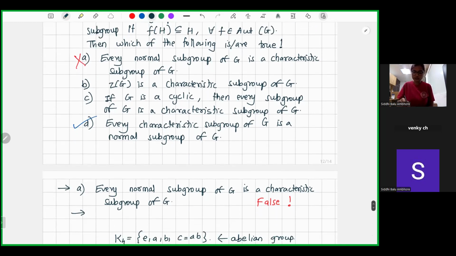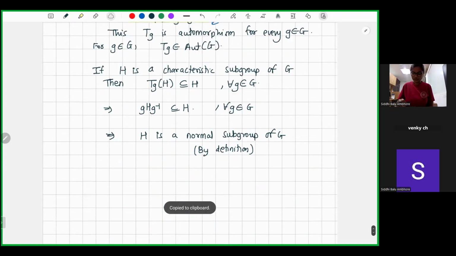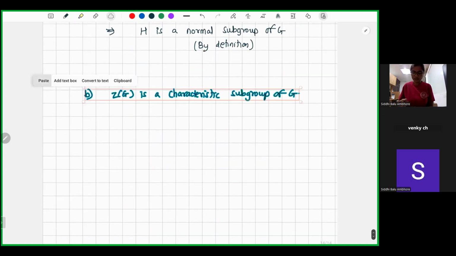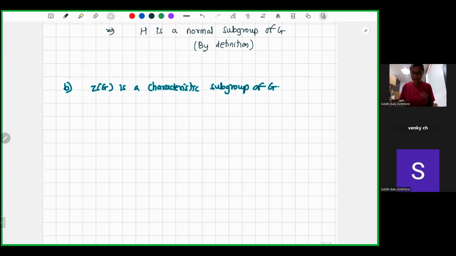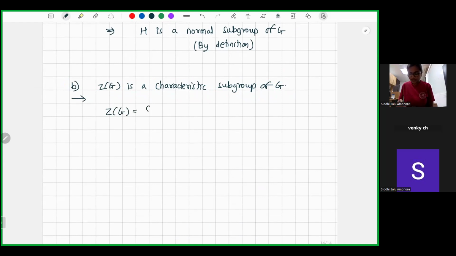And now we will go to this B part, that Z(G) is a characteristic subgroup of G. We will use one result which we proved in earlier lectures in order to prove this. Note that Z(G), we can prove that this Z(G) is actually generated by x y x inverse y inverse such that x, y belongs to G.